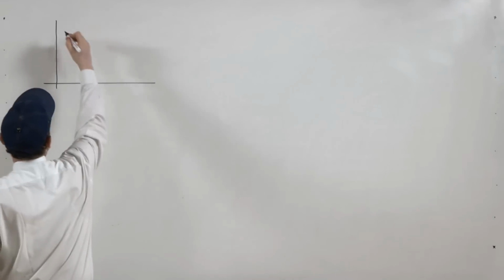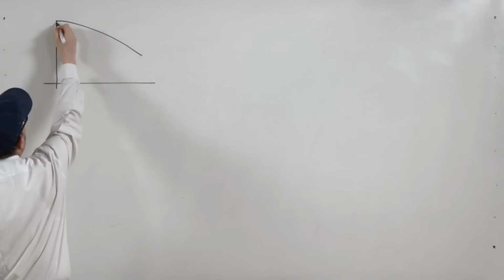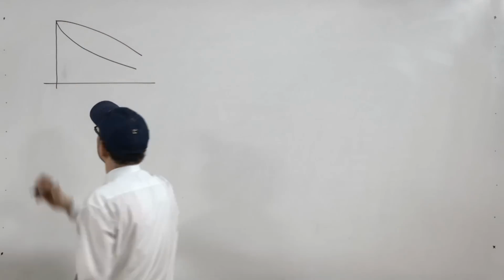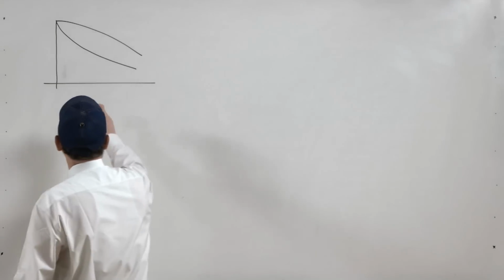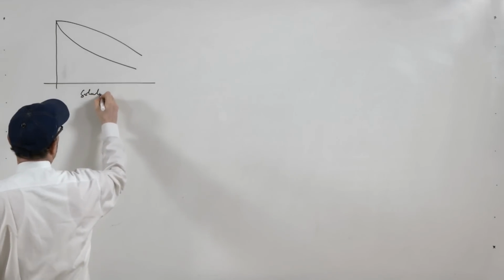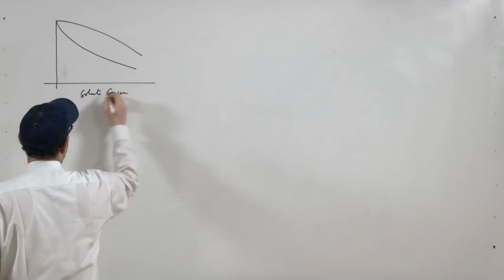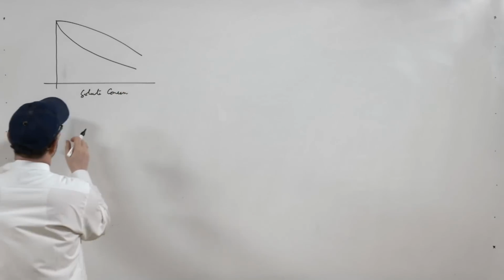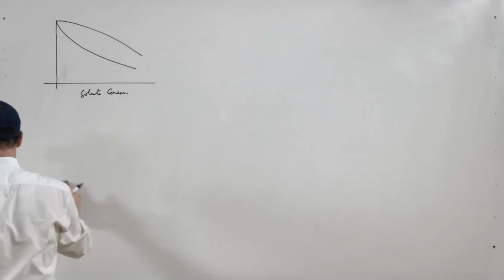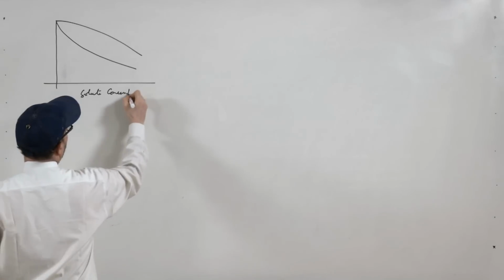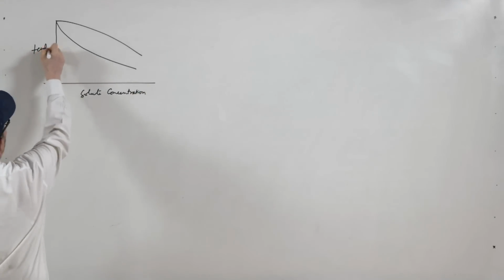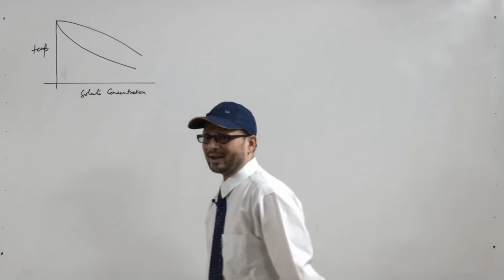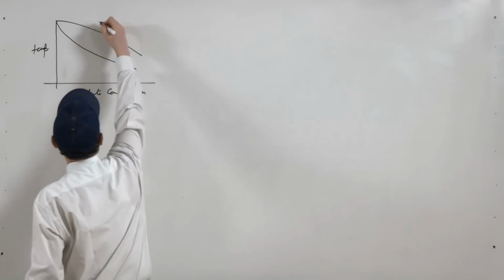So, suppose you have a binary alloy where this is the solute concentration, and this is the temperature. Now, what happens when the temperature comes down?